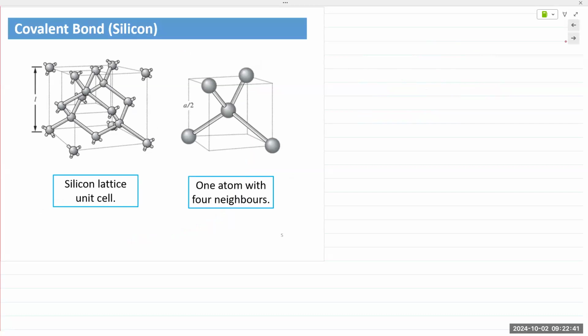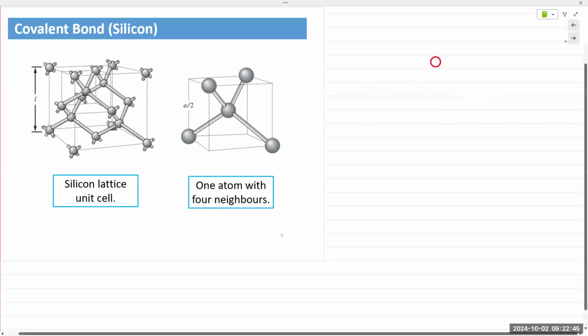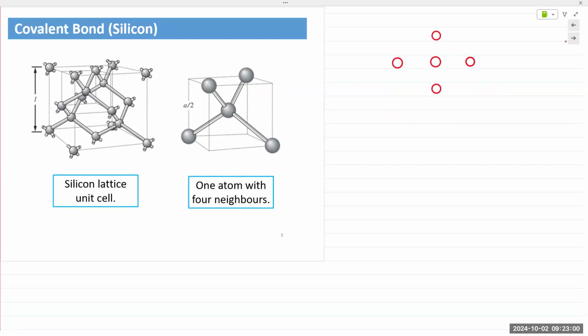Okay. Each silicon atom, and this is there on the next page also, but I'm going to draw it out here since I'm talking about it. Each silicon atom will share one of its 4 electrons with 4 neighboring atoms.